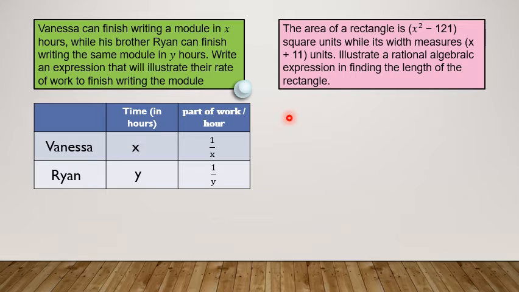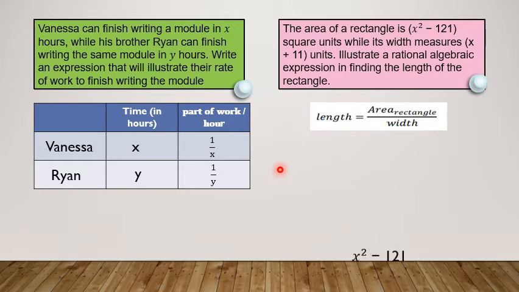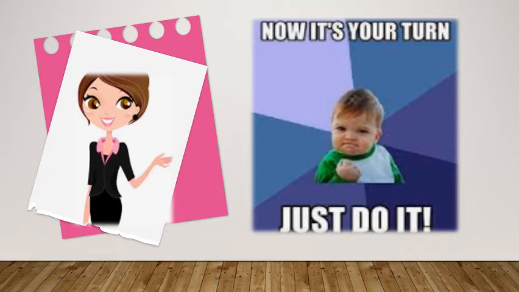Since we need to find the length, we have to equate the formula by dividing both sides by the width, and we get a new formula, which is length equals area of the rectangle over width. And then let's substitute the area of the rectangle, which is x squared minus 121, and the width, which is x plus 11. So that's the answer. Do you have any questions?